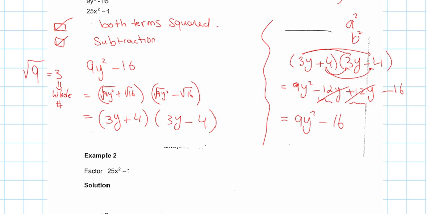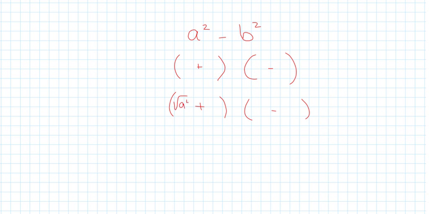So, 2 brackets. I'm just going to add a page here. So here's what I usually write. Okay? Squared terms with a minus between them. First step is you put brackets with a plus in the first, minus in the second. Then in the second step, you do the square root of the first term, that you put in the first position, and then the square root of the second term in the second position.